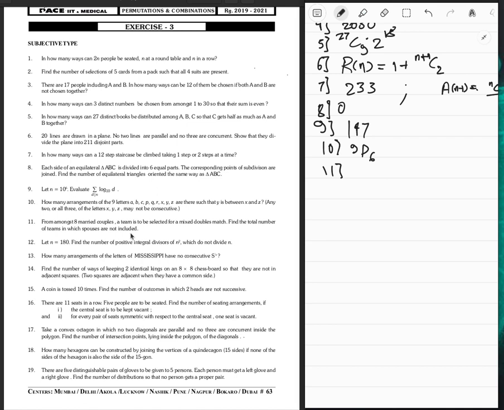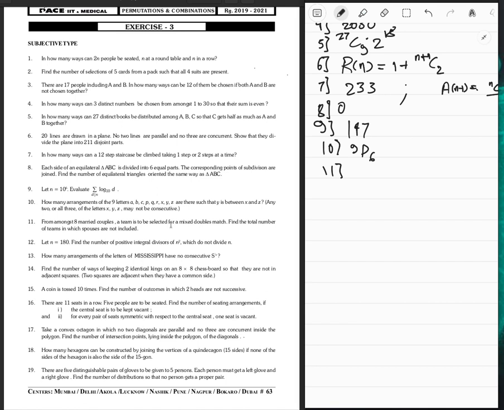Fine. So 8 married couples, right? From these you want a team for a mixed doubles match. Okay, you just want to choose 2 couples, and then from those 2 couples either the male or female, and the spouses are not included.